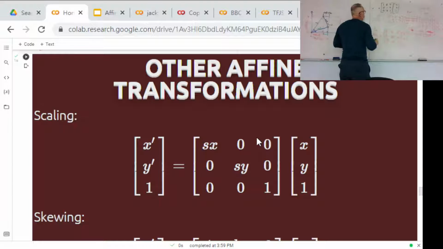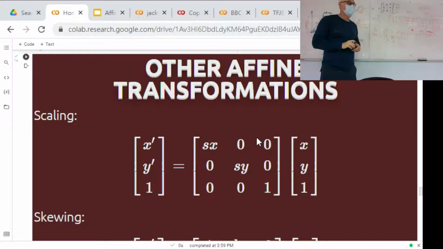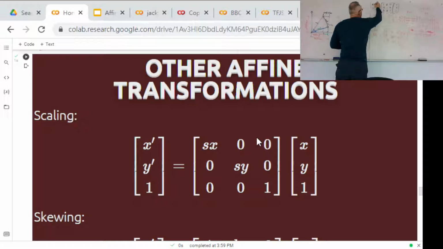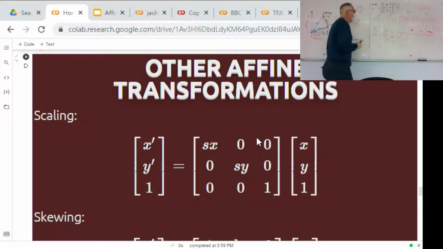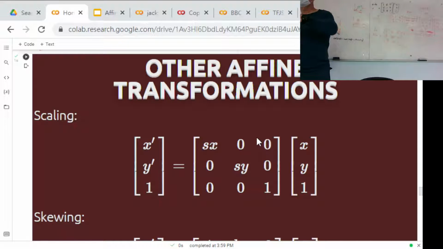y is not changed, right? And x will be x plus 2y, which means as y goes up for the points, it's going to be shifted towards the right because I add something to the x coordinate.